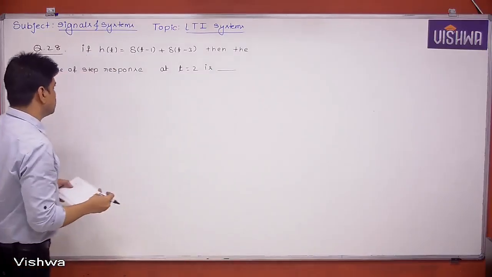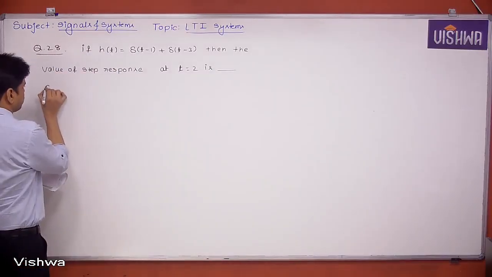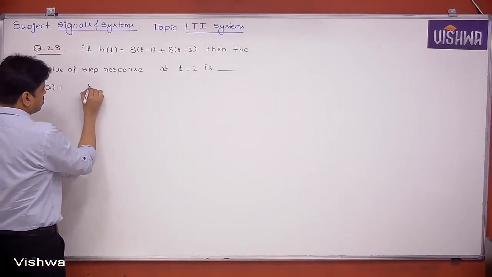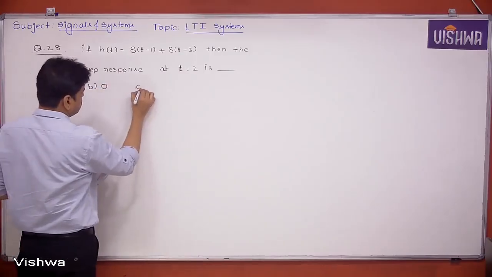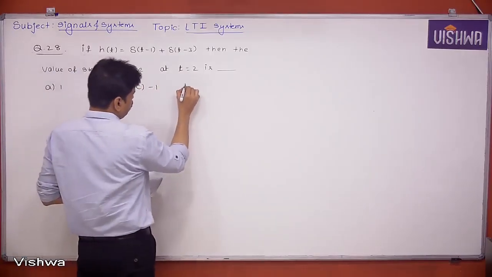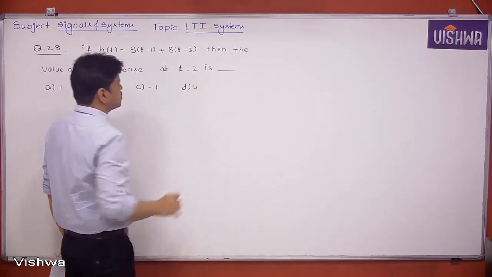Options: 1, 0, minus 1, 4. So that is what they have.